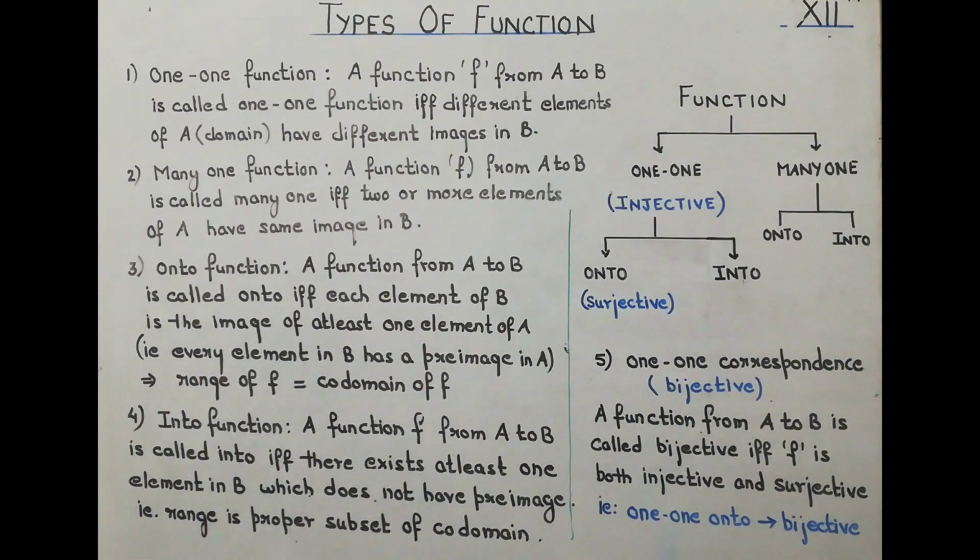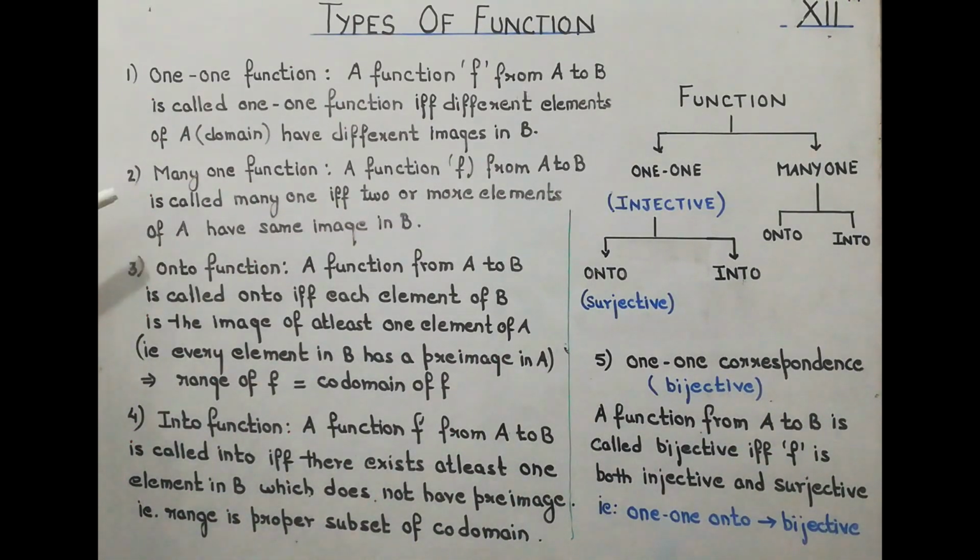Okay, now what is a one-one function? A function f from A to B is called a one-one function if different elements of domain A have different images in B. See, the definition says that different elements of set A have different images in set B, then the function is called one-one.